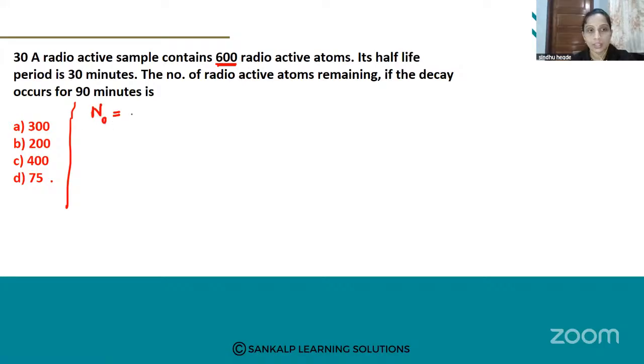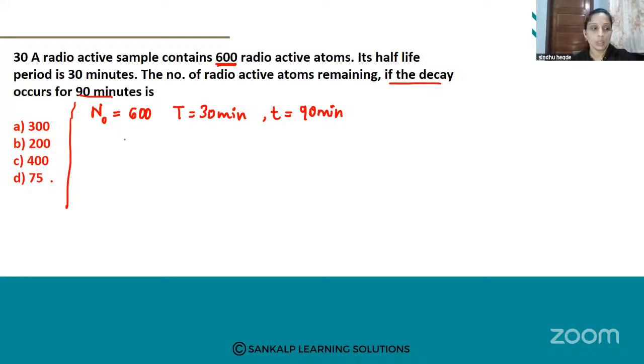Radioactive sample at t equal to 0, that is N naught is equal to 600 radioactive atoms. Its half-life period means here capital T is equal to 30 minutes. The number of radioactive atoms remaining if the decay occurs in 90 minutes. Decay time, small t, is equal to 90 minutes. So these all are the given things.